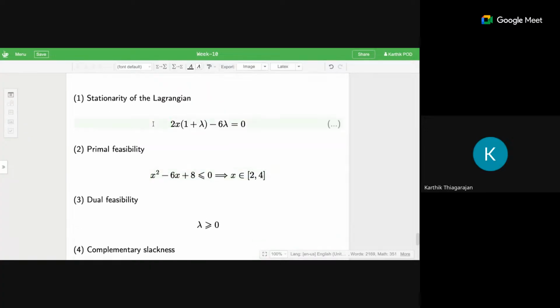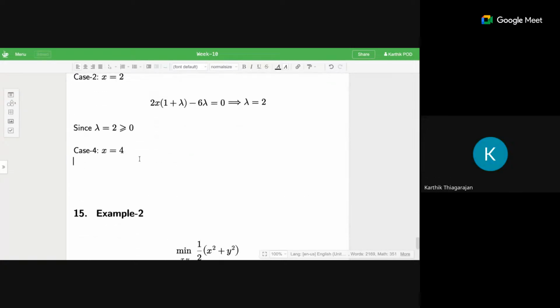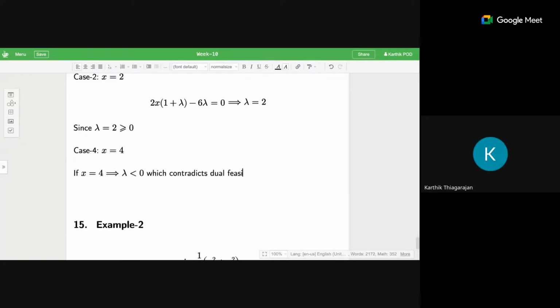What happens here if x equal to 4? Lambda becomes negative, right? So x equal to 4 implies lambda less than 0, which contradicts dual feasibility, right? So lambda should be non-negative.